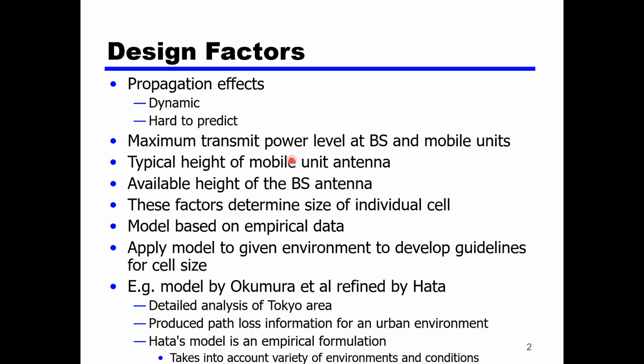Next one is the maximum transmit power level at the base station and the mobile unit. We know that electromagnetic radiation, that is microwave power, is very harmful to human beings or any living being. So this radiation of electromagnetic power should be kept constant to a certain level so that it will not hamper living beings.